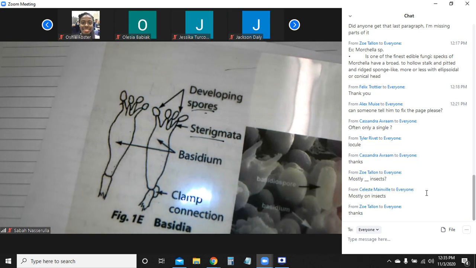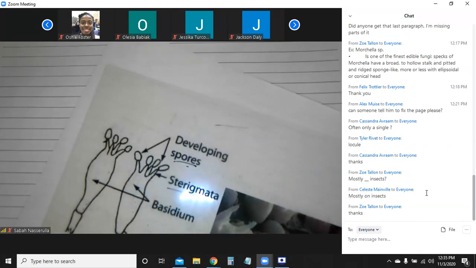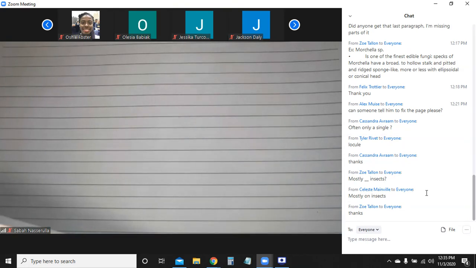We explain all that here. But in the beginning they also have some general characteristics. As you know, one of the major groups belonging here is all the mushrooms, so this is also a very important group.